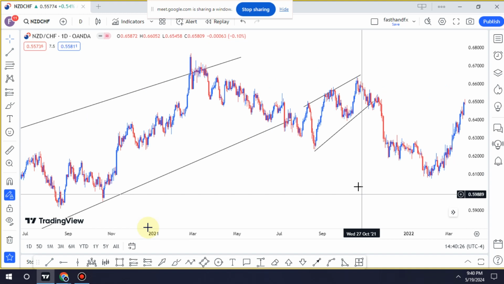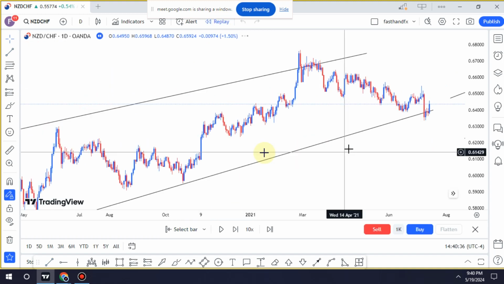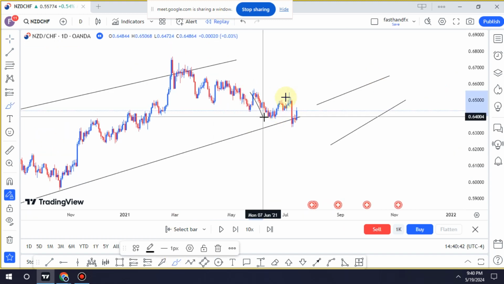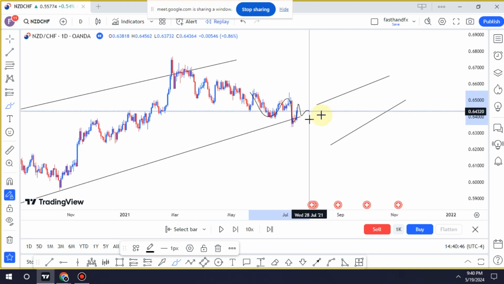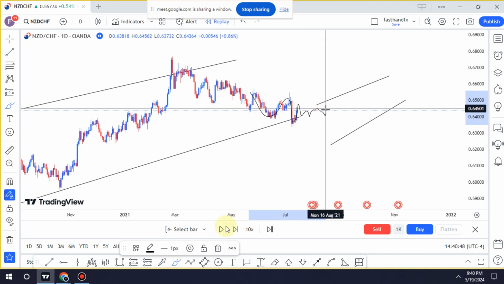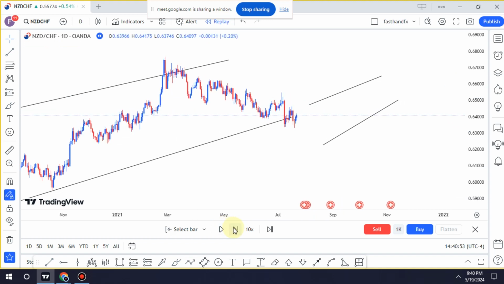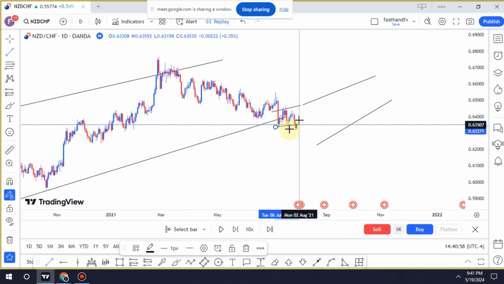Before that, let me hit the replay tool. So we see price went down, then did this, then did that. So we need this kind of a bearish flag, then we should take our sell position. If we were on the lowest time frame, let's see, maybe something like that.